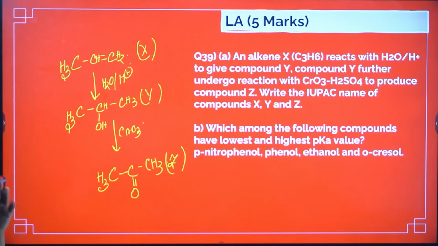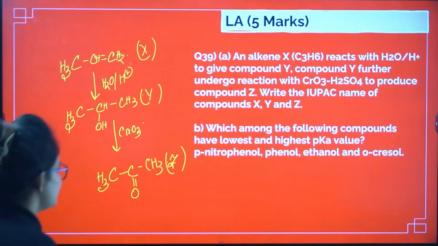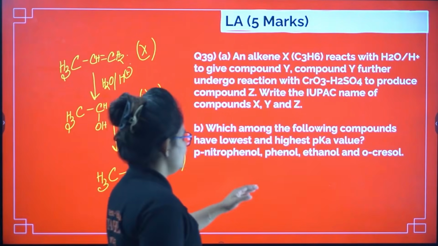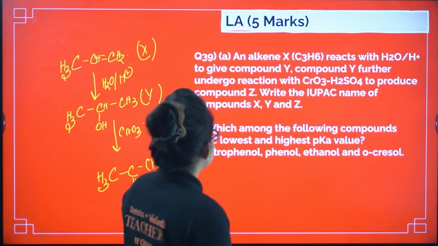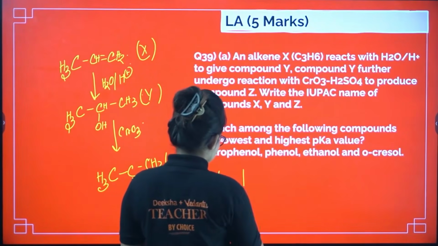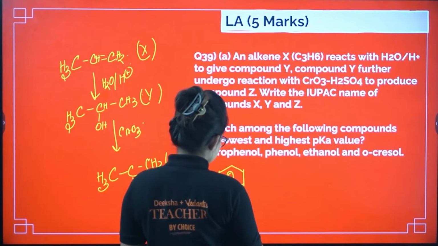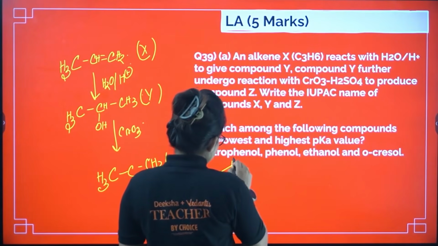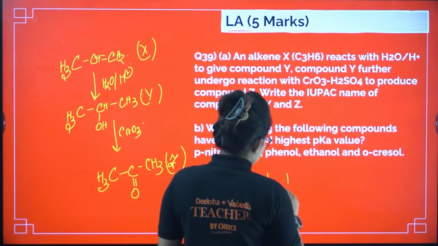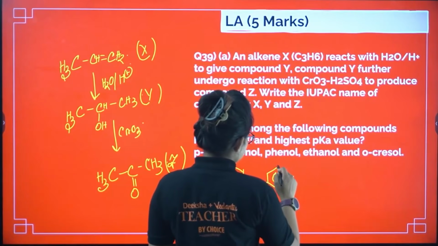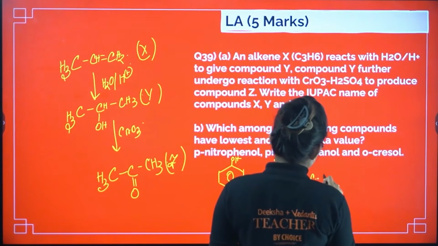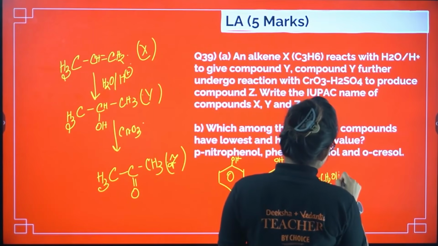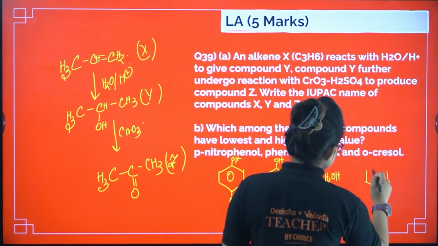Now you can see which among the following compounds have the lowest and highest pK value. I am having paranitrophenol, phenol, ethanol and orthocresol. So paranitrophenol is this. This is my normal phenol, this is my ethanol, CH3, CH2, OH, and orthocresol is this.